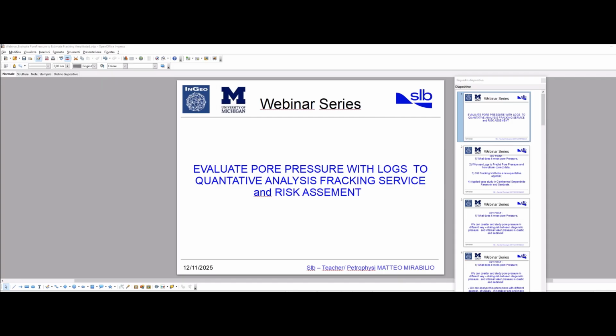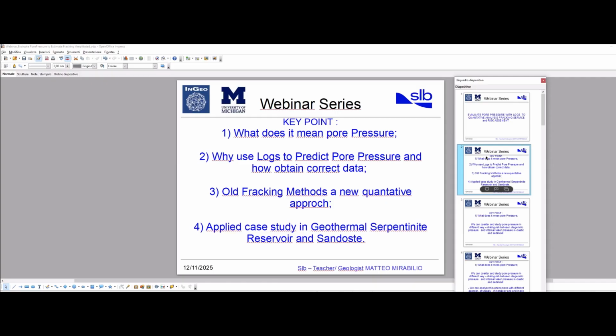This is a new, holistic approach that is comprehensive of various types of log techniques, and the log techniques are really functional to evaluate the fracking method and also the risk assessment, and it makes the work in the company really safe and much less expensive.